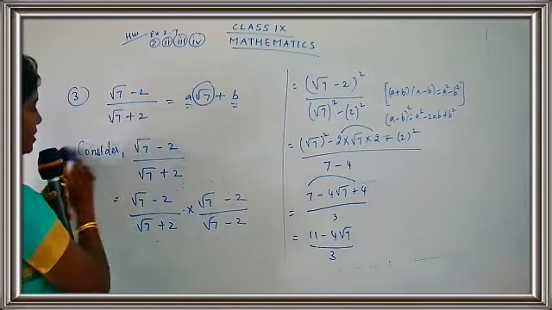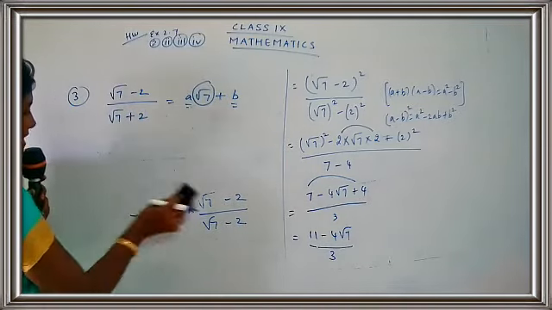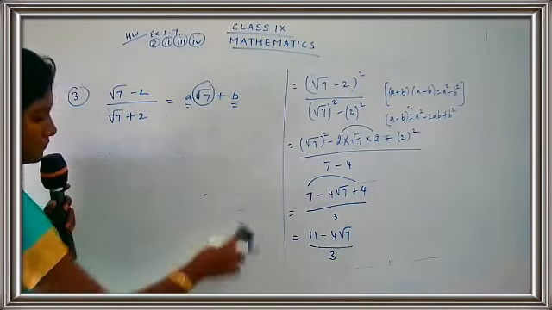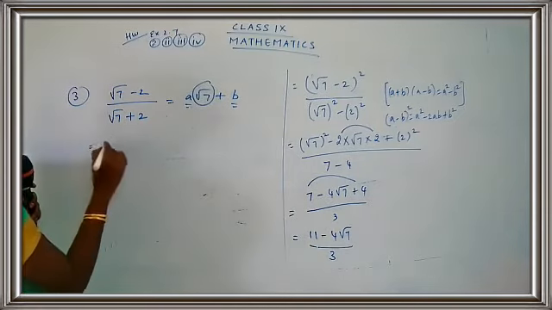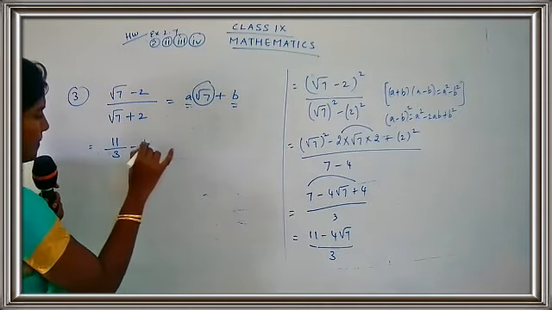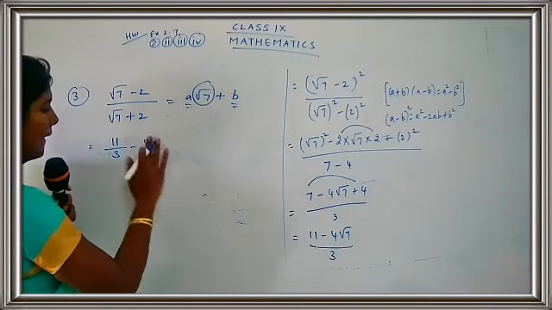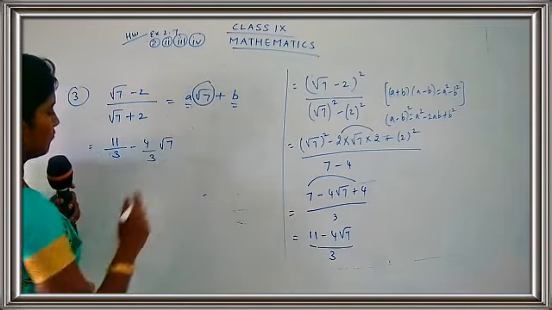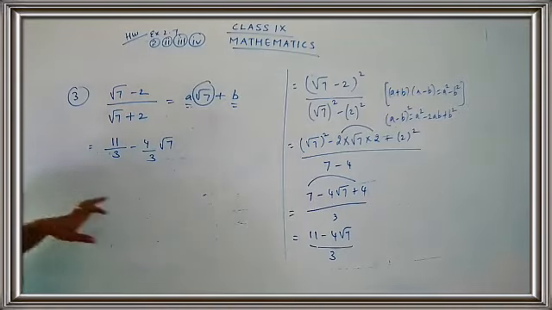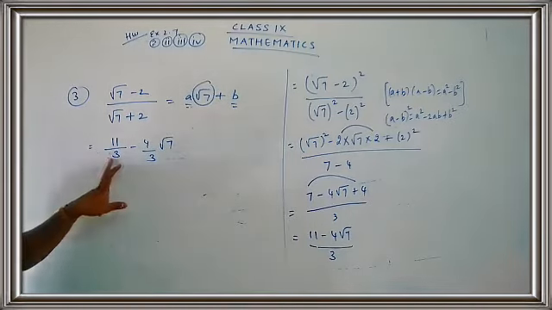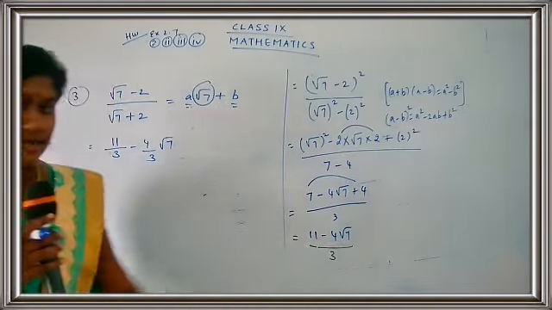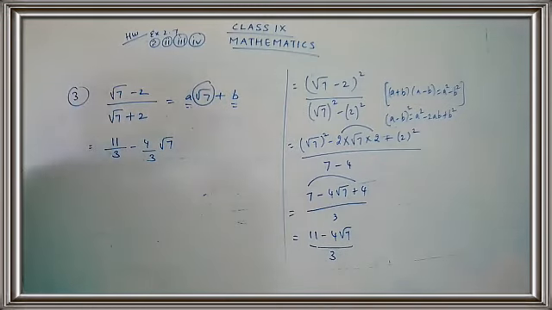So I'll just keep the question part as it is. Now just check here, children. So this will be written as 11 upon 3 minus 4 root 7 upon 3. Write down separately. Write down 11 upon 3. So this will be written as 11 upon 3 minus 4 upon 3 root 7.